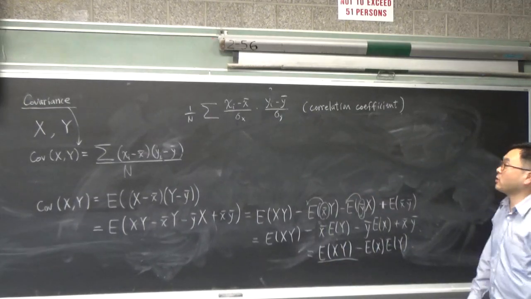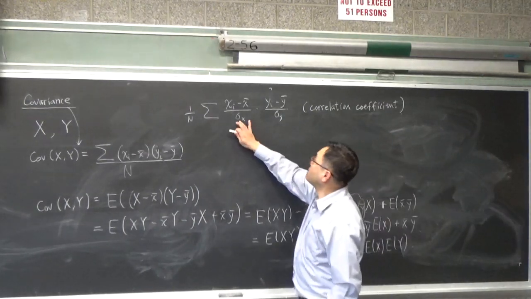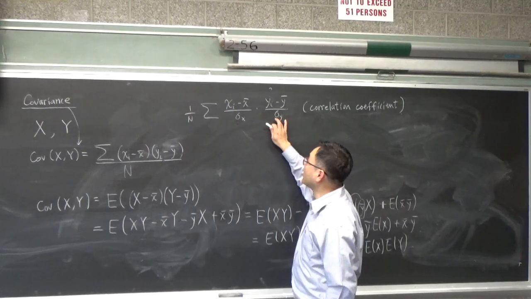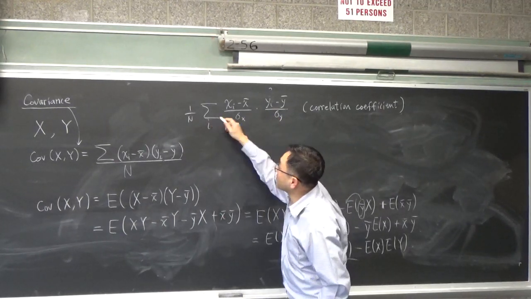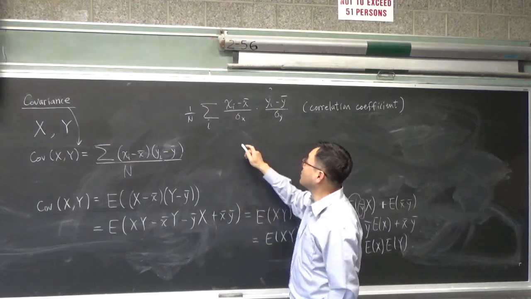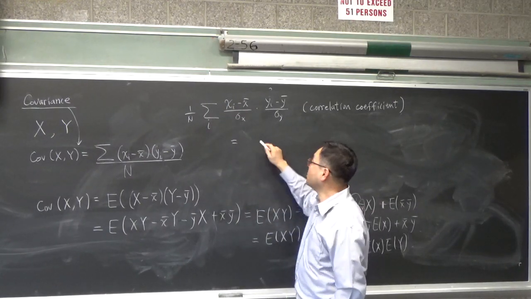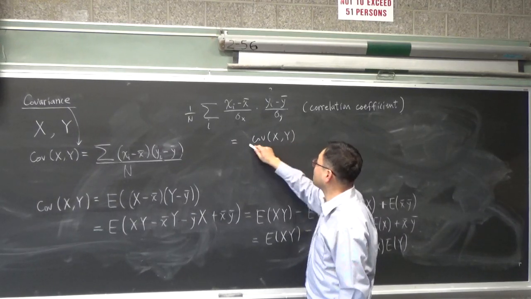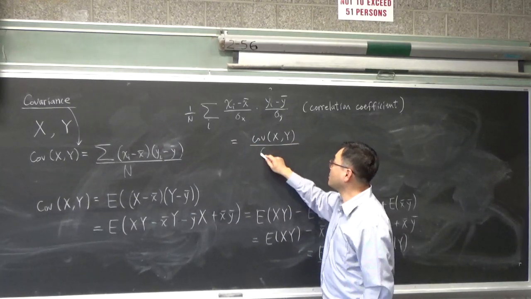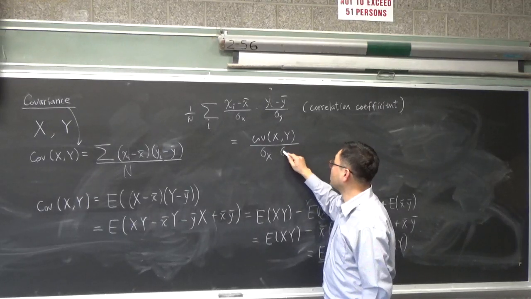Now there are other ways to write this. Since sigma x and sigma y are constants, it has nothing to do with the index i, which is used for the summation. You can rewrite this as the old covariance of x and y, and you're dividing this by the standard deviation of x and the standard deviation of y.